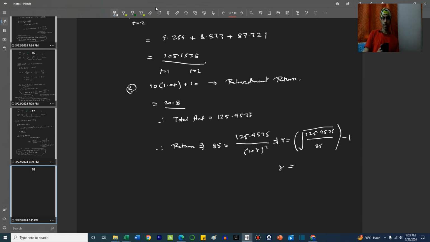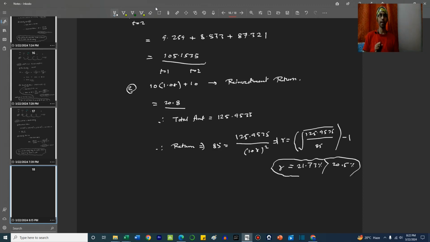R comes to be 21.729% or 21.73% to be exact. Now if you remember, in the case where yield did not change and the policy was sell at t is equal to 2, the return to the investor was 20.5%. So this return is greater, right?